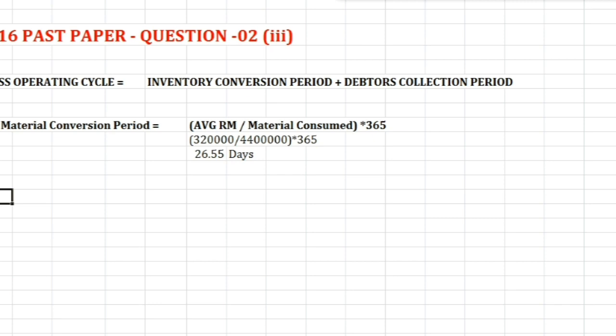And the work in progress conversion period. The equation: average work in progress divided by production cost, total cost of production, into 365 days.